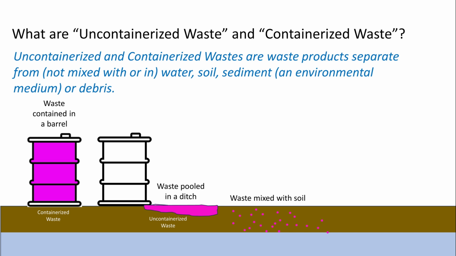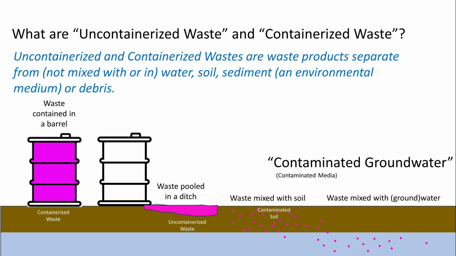Once that waste starts mixing with the soil, seeping down into the soil, you no longer can separate the waste from the soil. You now have contaminated soil, and it's no longer uncontainerized waste material. And finally, to follow the migration of this contamination a little bit further, once the contamination moves through the soil and hits the groundwater and starts mixing with the groundwater, you now have, ta-da, contaminated groundwater, another contaminated media, which of course is not uncontainerized waste.